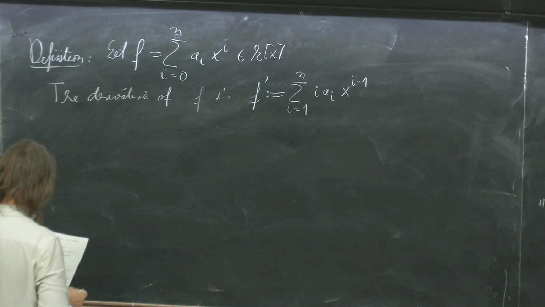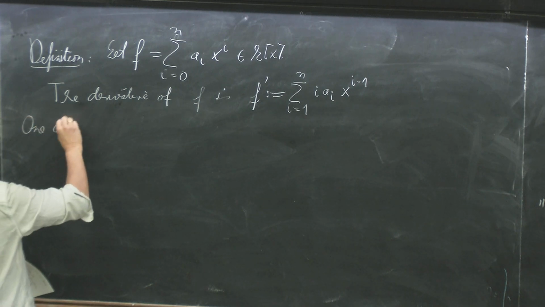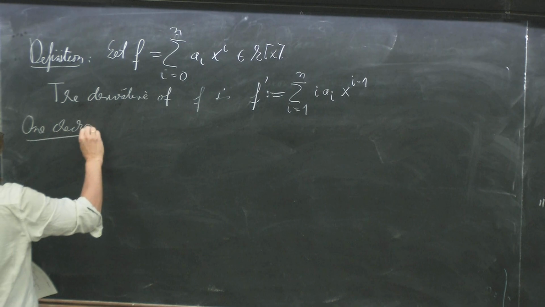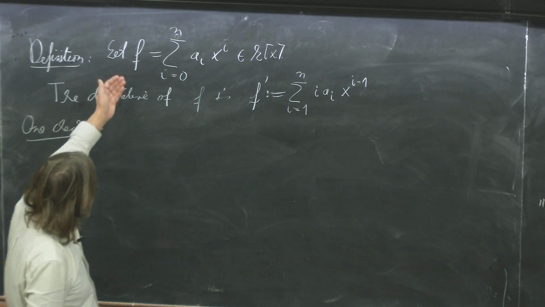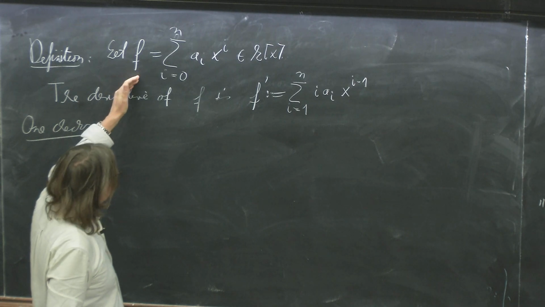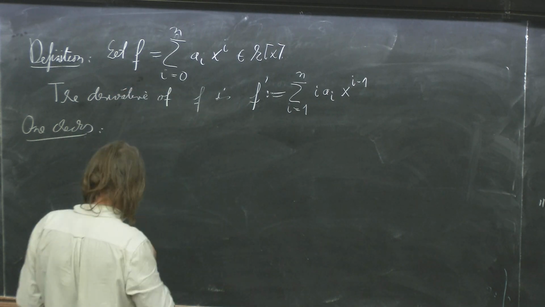So that's called the derivative. You check immediately that this derivative is linear, so the derivative of the sum is the sum of the derivatives, and that you have the Leibniz rule.